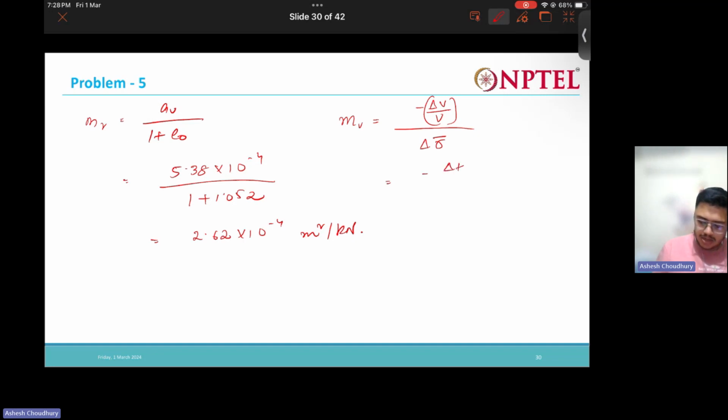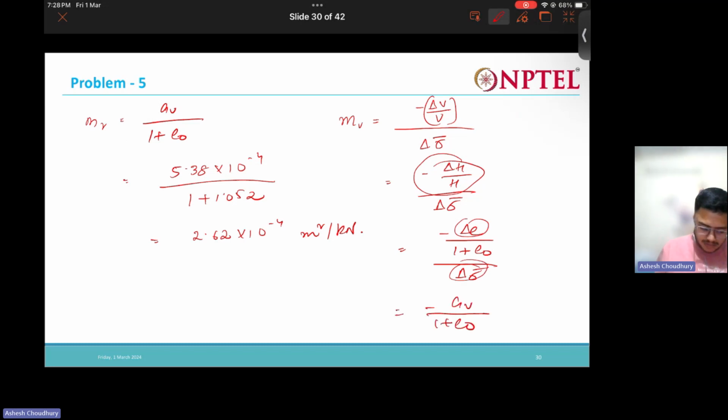So this one we can write like this, and this one we can replace by this, which is nothing but a_v. The negative sign is coming from the negative slope; as stress increases, the void ratio reduces. You should know why this sign is coming, but don't get confused.